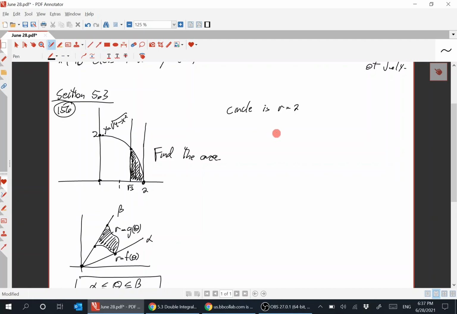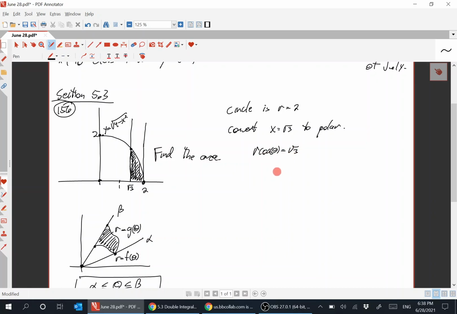x equals root 3. So let's convert x equals root 3 to polar. Well, x is equal to r cosine theta, equals root 3.